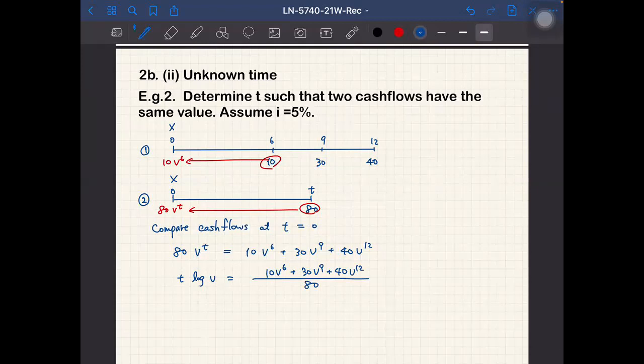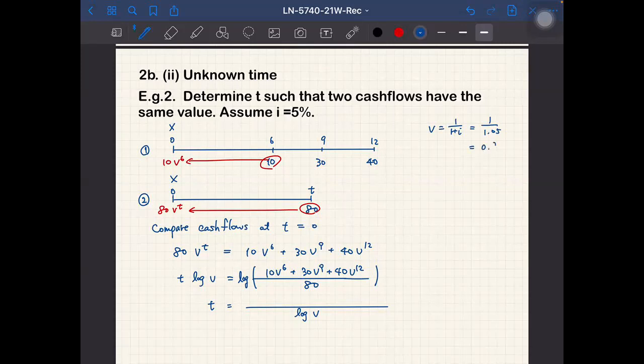Logarithm is always natural logarithm unless otherwise mentioned. So t is equal to that over the log of v in the denominator. The v is known: v is 1 over 1 plus i, so this is 1 over 1.05.